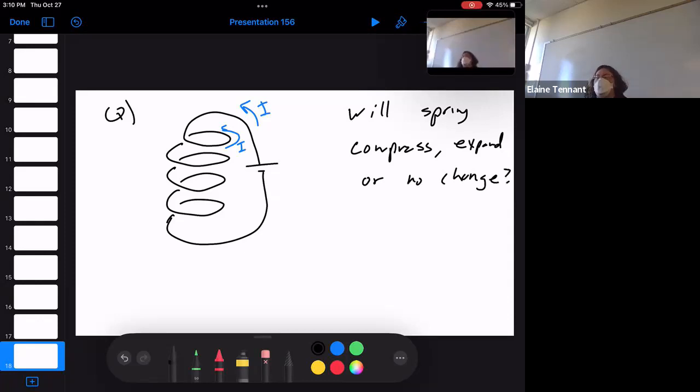What do y'all think? So I turn on the currents. I can even put a little switch in here. I turn on the currents. What's going to happen to the spring?